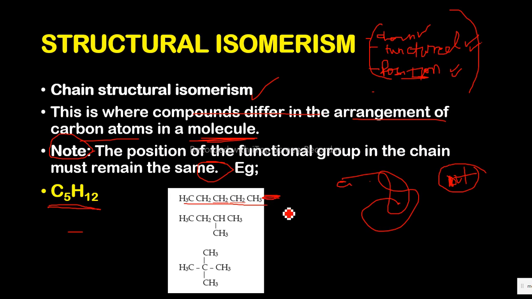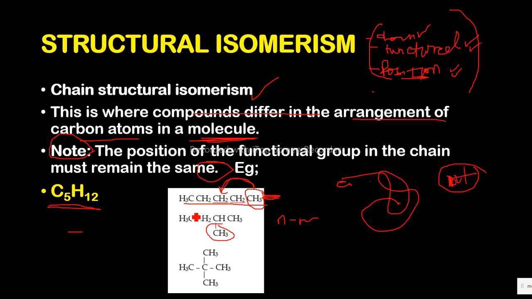But if I take this and shift it from this position and put it here, that becomes 2-methyl butane. Nomenclature is now okay, because I've shifted and these two are different. This is pentane and this is butane with a methyl group.